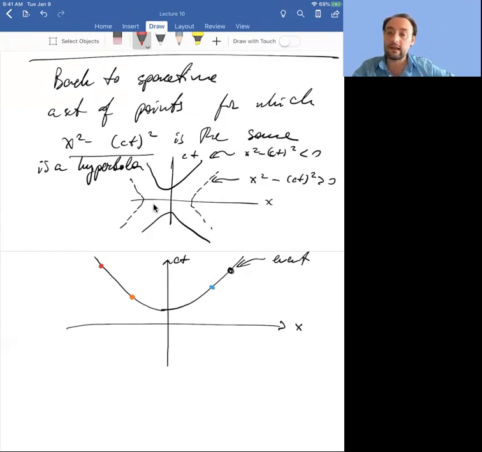The quantity delta x squared plus c delta t squared cannot be a measure of the distance because it's not invariant from one frame to another. It's the quantity with the minus sign that's invariant. So we think of it as a distance in space-time. It's not a physical distance. But by analogy, we think of it as a measure of distance between events in space-time.